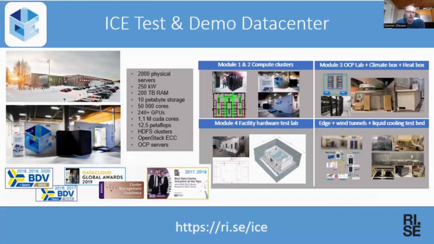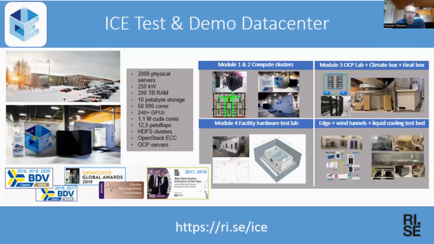And basically we have divided the facility into a number of different modules. In modules 1 and 2, we are running a production data center with cloud services. And then we have module 3, a climate box. It's a whole data center where we can control the climate inside.